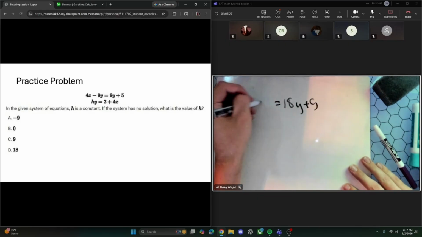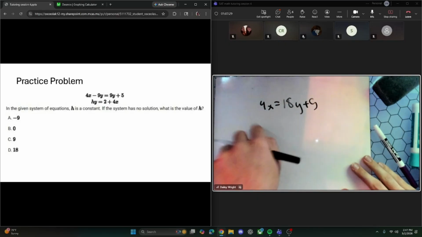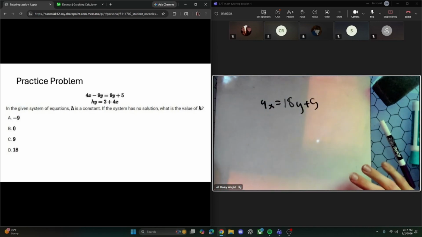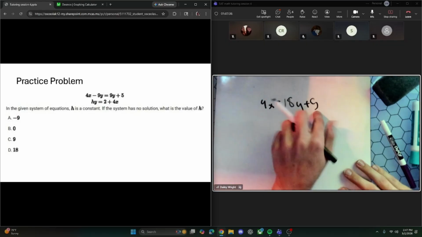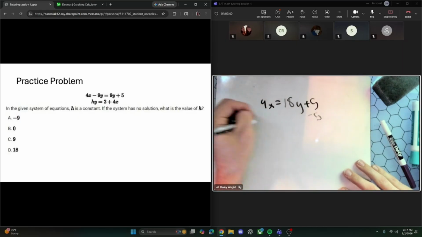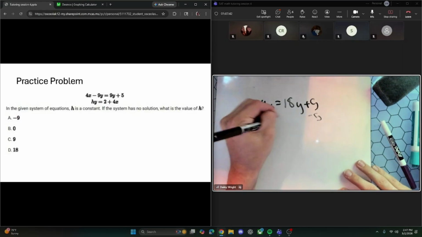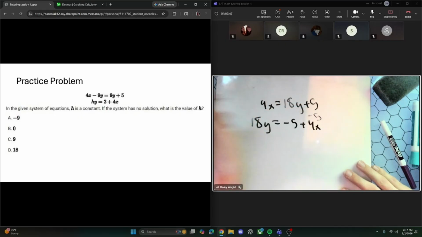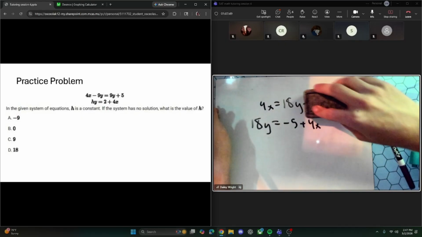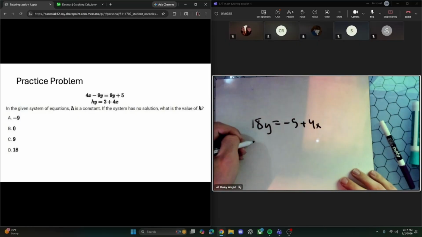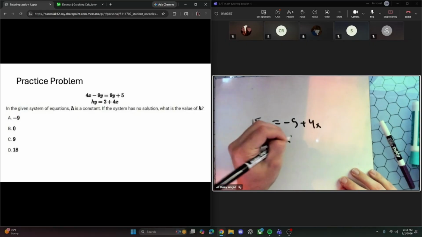If you guys are confused on where I got this piece of equation from, just ask and I will explain. So I want to get that constant over on the x side, so I'd subtract 5 over. So 18y equals negative 5 plus 4x. So this is the first equation in the same form as the second equation.